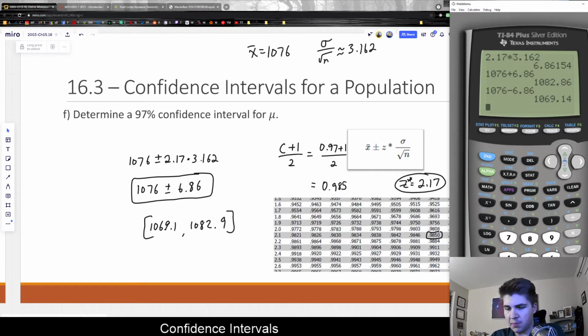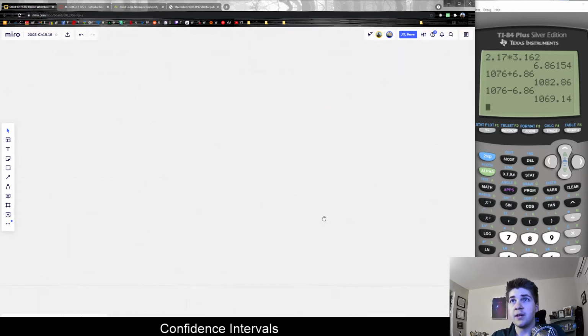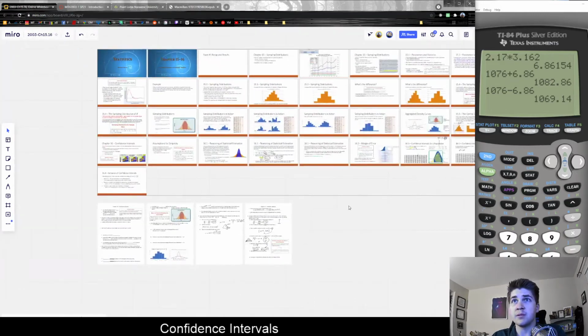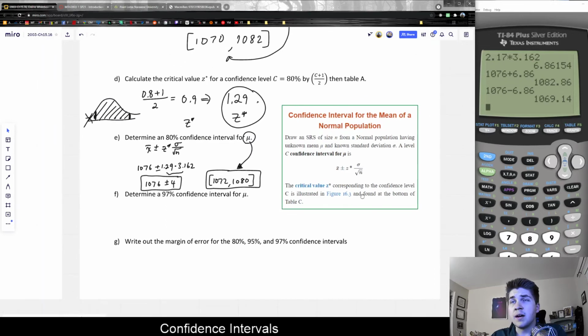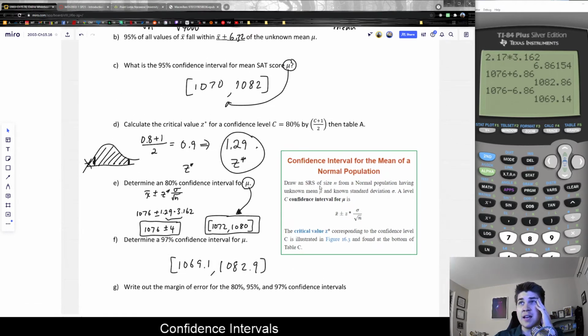Let's go back to the packet. So we determined our 97% confidence interval, which was 1069.1 to 1082.9.